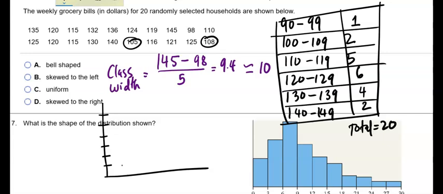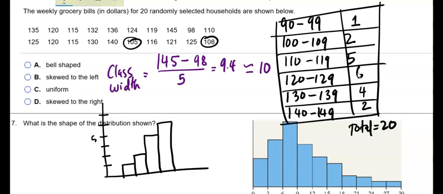The first class, the bar looks like this, has a frequency of 1. The second class has a frequency of 2, so I make it like that. The third class has a frequency of 5, and the fourth class has a frequency of 6.